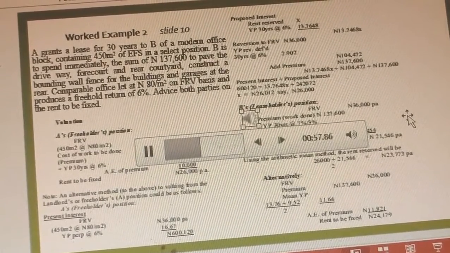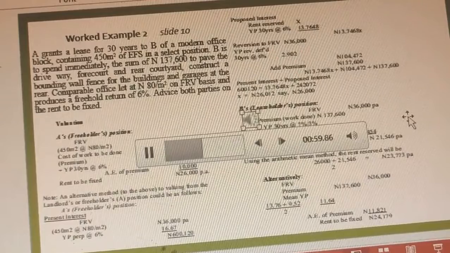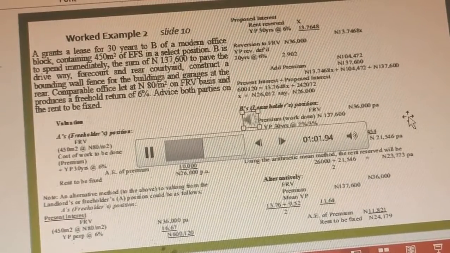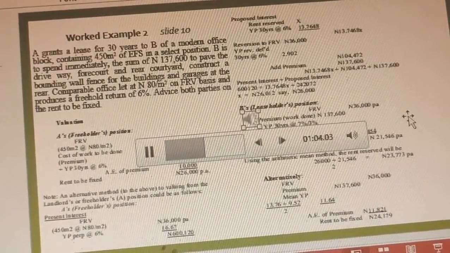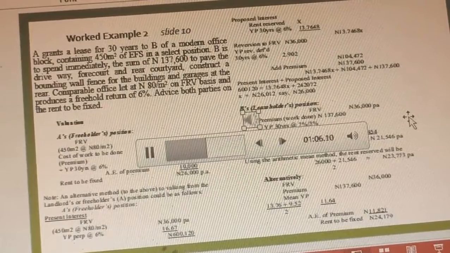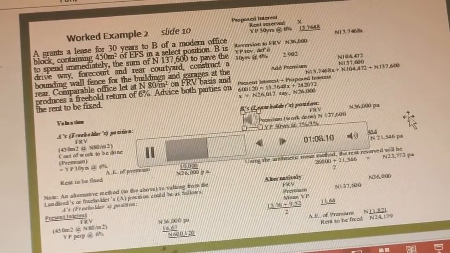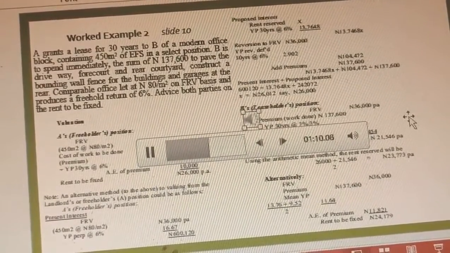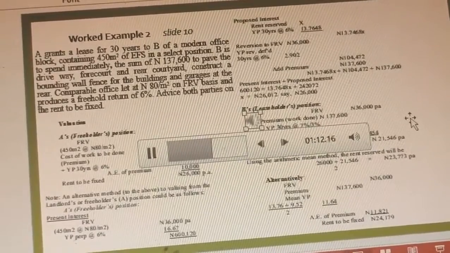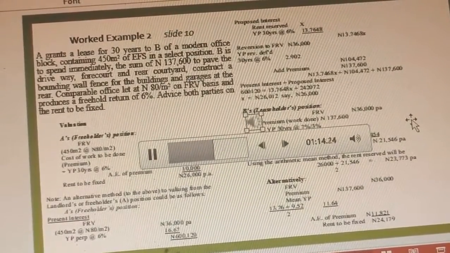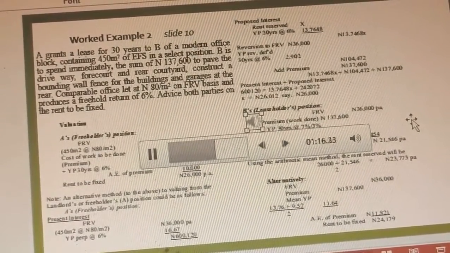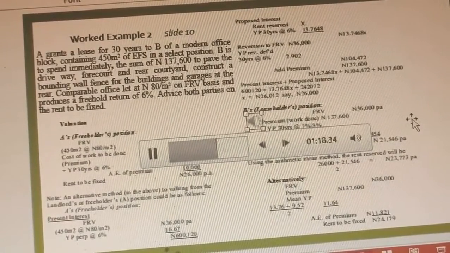So it is set in this case to construct a boundary fence for building and garages at the rear. Comparable office let at 80 naira per square meter on FRV basis, and produces a freehold return of 6%. Advise both parties on the rent to be fixed.